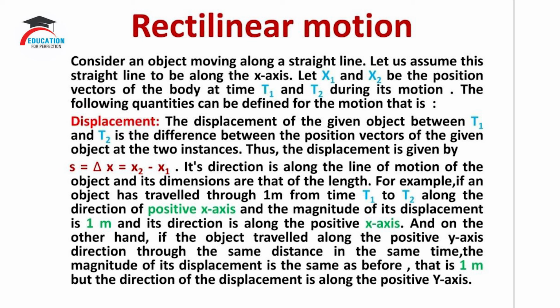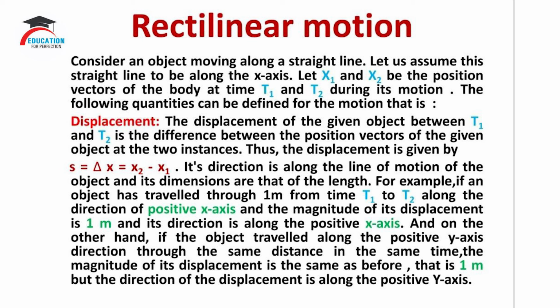For example, if an object has traveled 1 meter from time t1 to t2 along the direction of the positive x-axis, the magnitude of its displacement is 1 meter and its direction is along the positive x-axis.